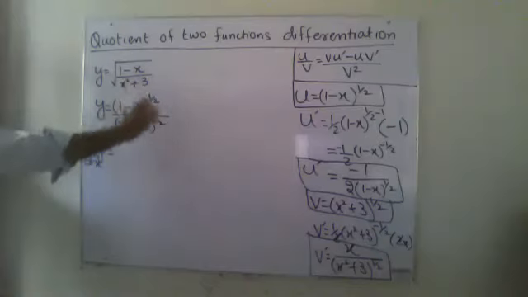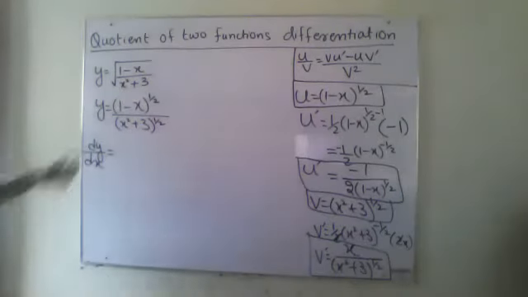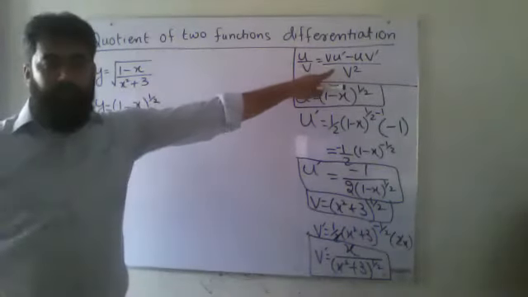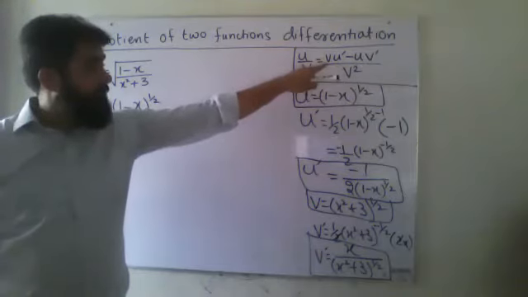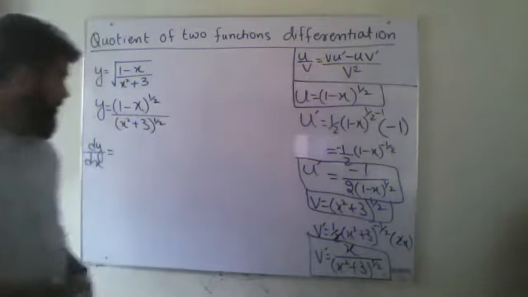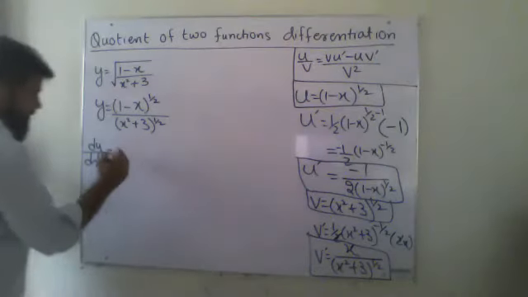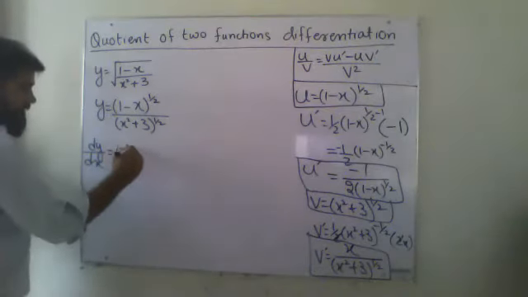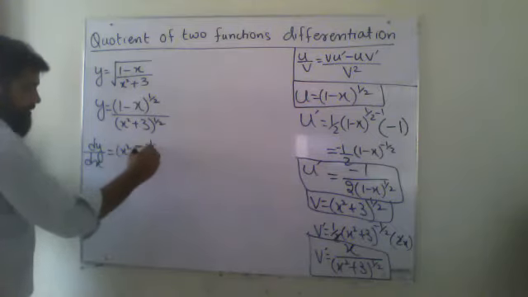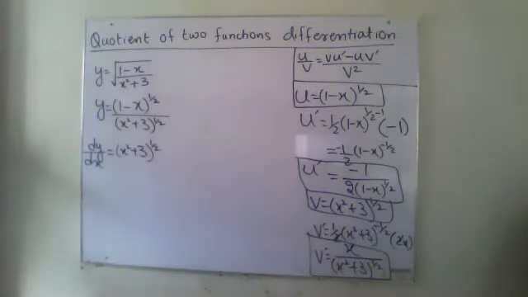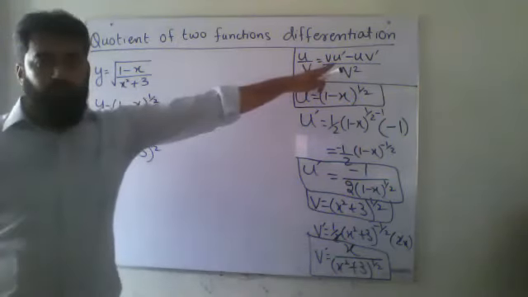Now differentiating this part, how am I going to differentiate it? I will apply this. First of all, v. What is my v? My v is (x squared plus 3) power half. Okay, after that, u differential.